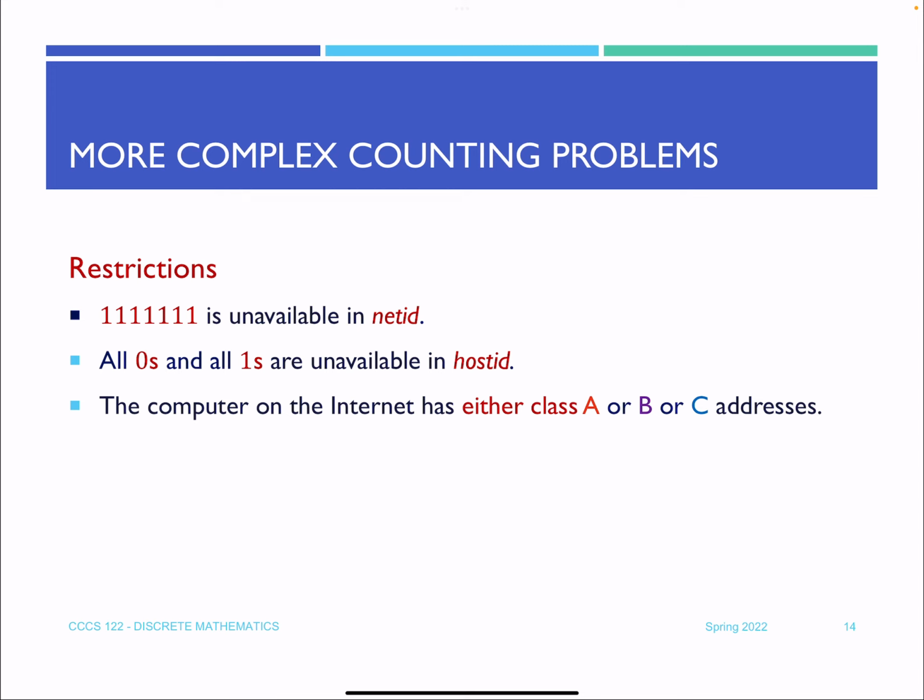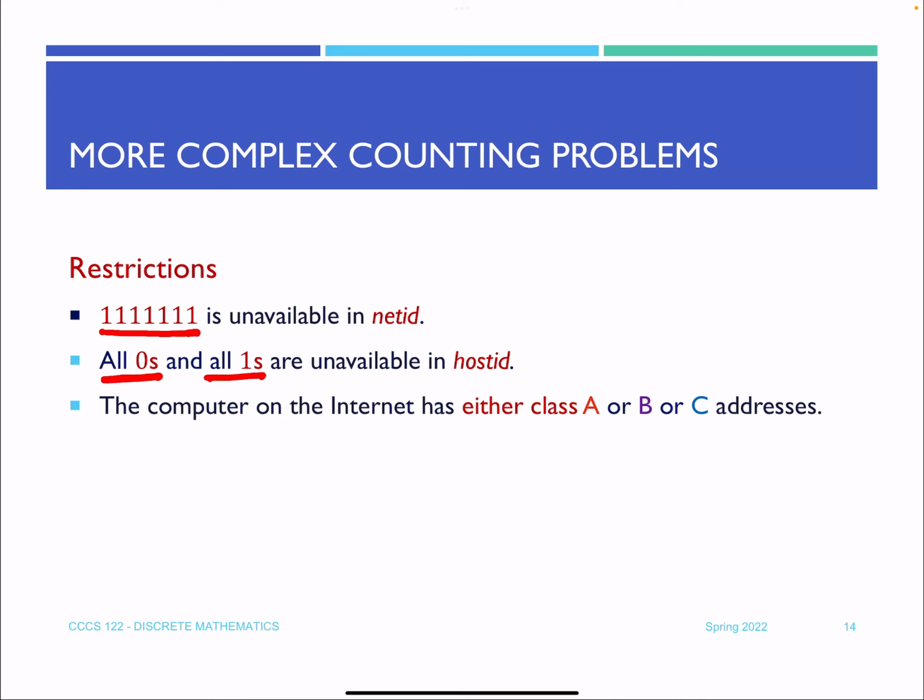So, there are some restrictions. In the net ID, all ones is not available. You can't have all ones in the net ID. And for the host ID, you cannot have all zeros or all ones. That's also not available.